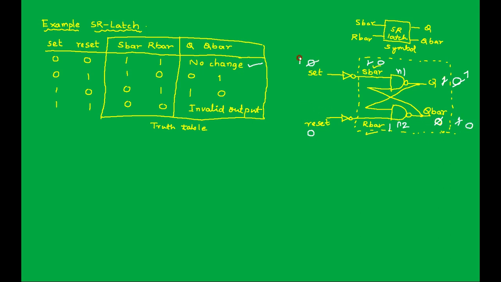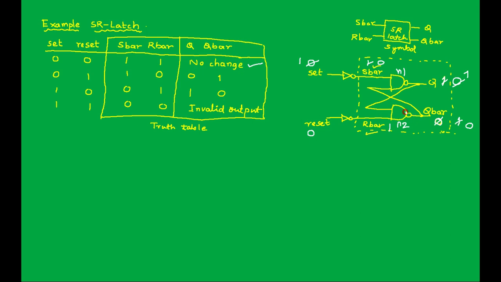I'll explain once again, please concentrate. When set value is 1, reset is 0. In that case, S bar will become 0, R bar will become 1. If you assume previous values as 0 and 1, and start the analysis, Q value is 0, Q bar value is 1.